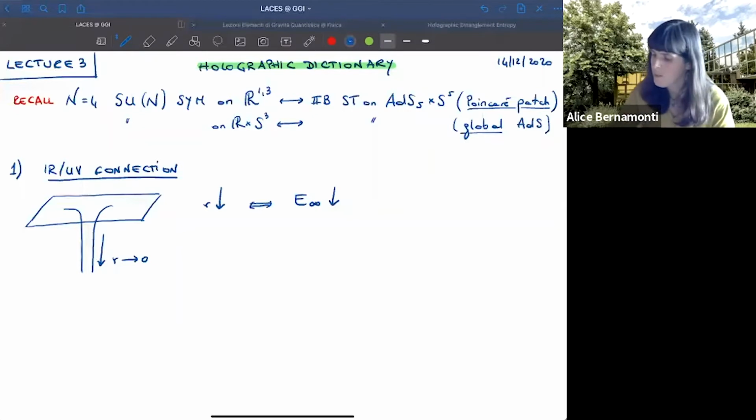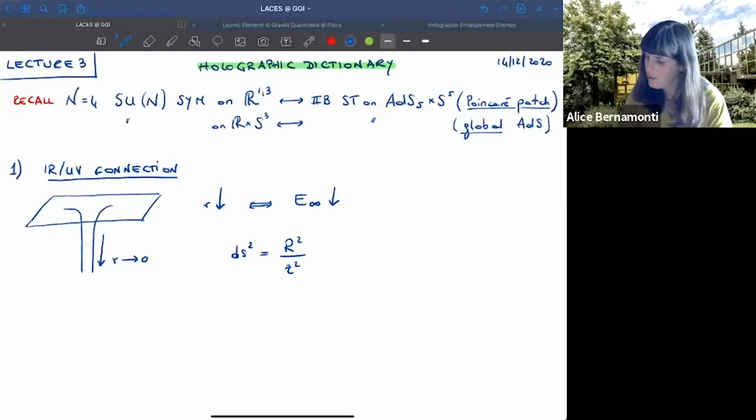Let's review this argument a bit better and try to make it more precise. For that, let's take the Poincaré patch of AdS. Let me recall what the metric is, where capital R is the AdS radius.